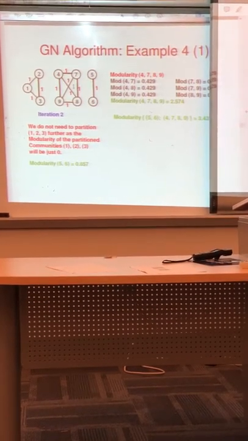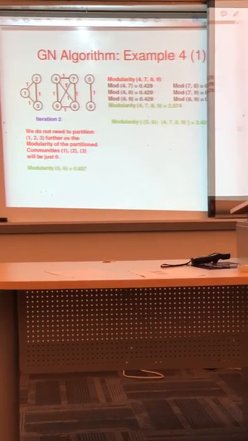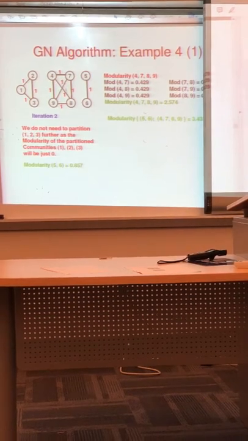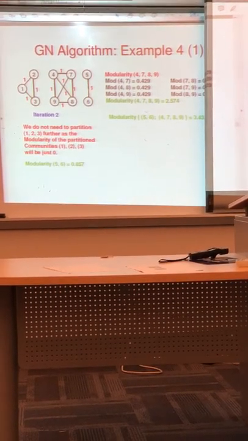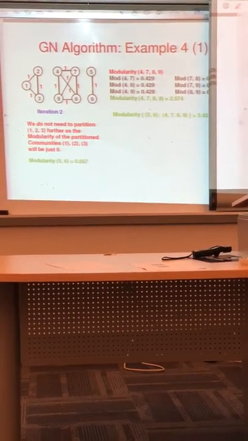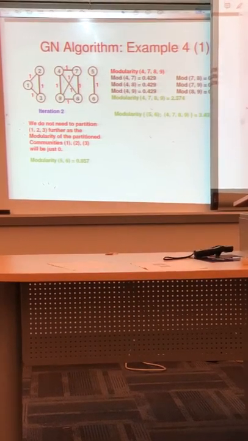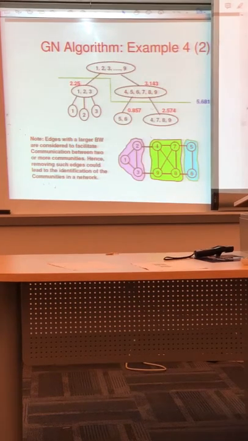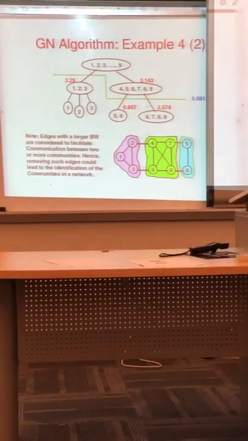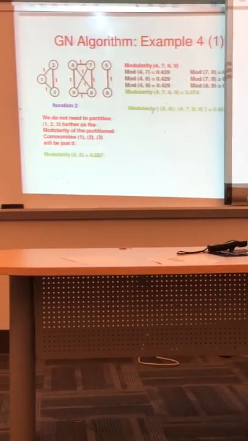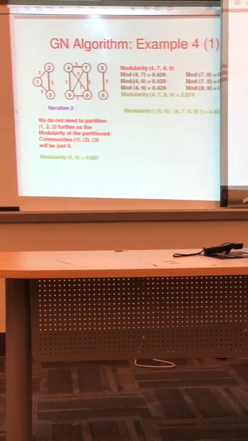Okay, so now it's an indication that we should stop here because this is a clique, this is also a kind of clique. An edge by itself is a clique, right? So if we have to remove further, you have to remove all the edges, right? So now we need to compute the modularity score of these two partitions, 5, 6 and this one.